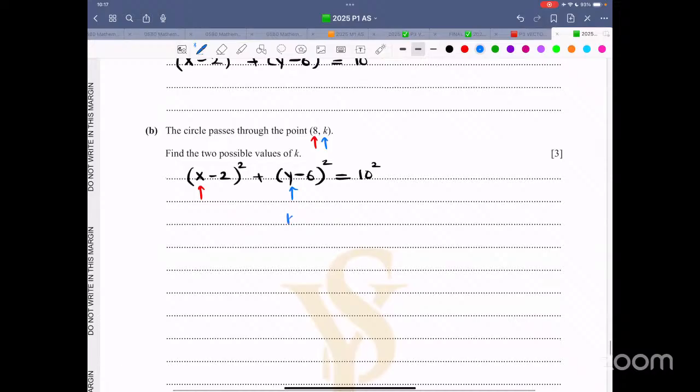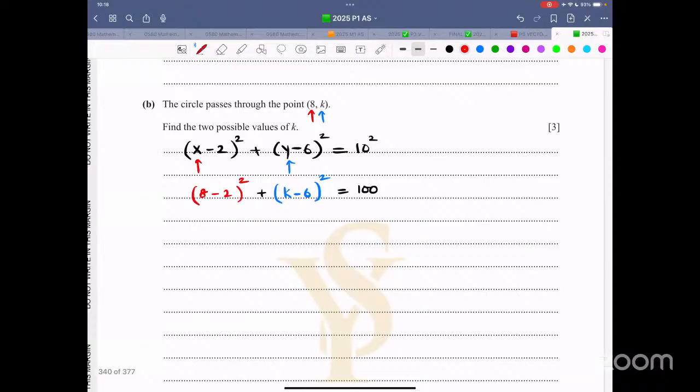So this is (k minus 6) whole square, this one is (x minus 2) whole square, with a positive sign, and this equals 100. And instead of x, I can plug in the value of x, which is 8. So let me write 8 over here.